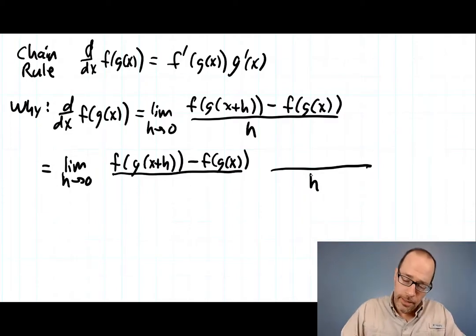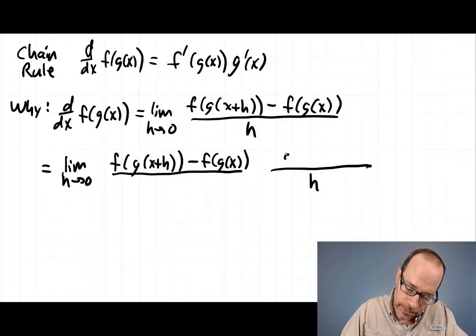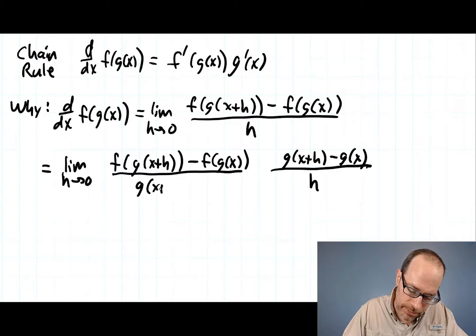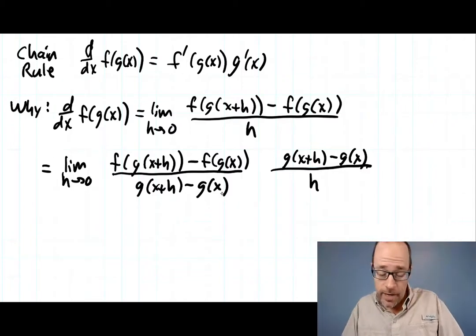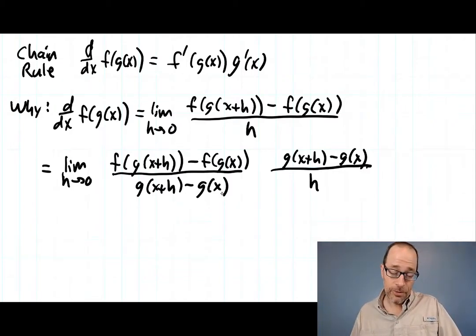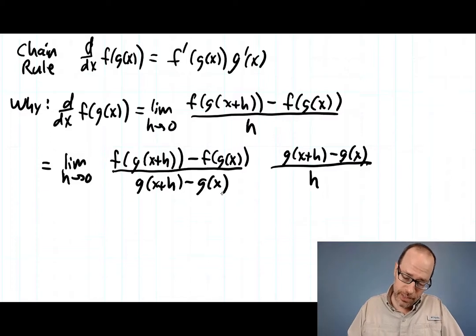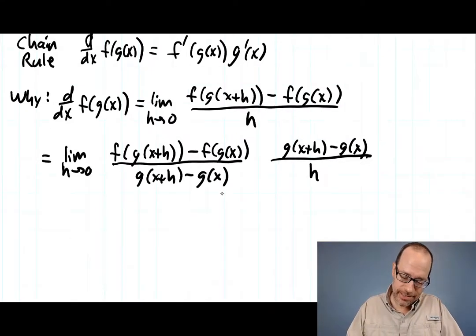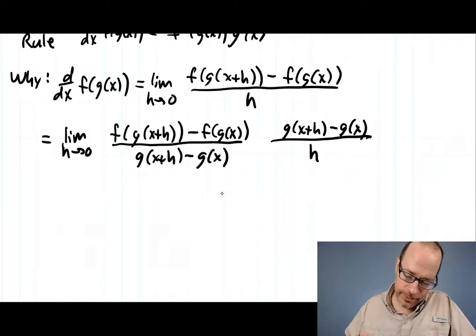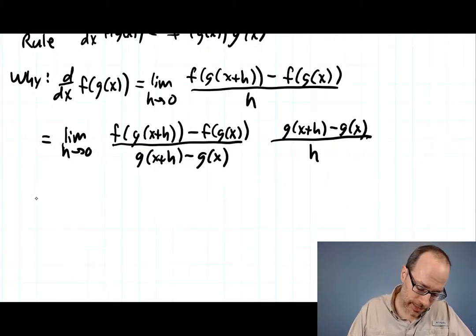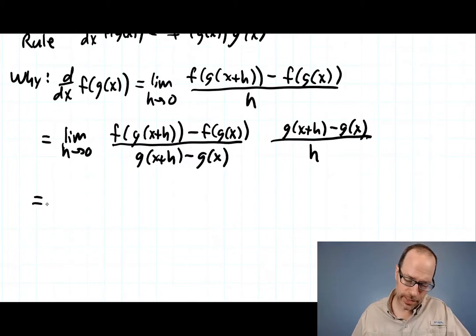And I'm going to put g of x plus h minus g of x here, and g of x plus h minus g of x here. Since those are the same things, they would cancel, so I haven't changed anything. Technically this is only legal as long as that numerator is non-zero. As I said, there are ways around it in general, but let's pretend for now that it's non-zero, so that's a legal thing to do.